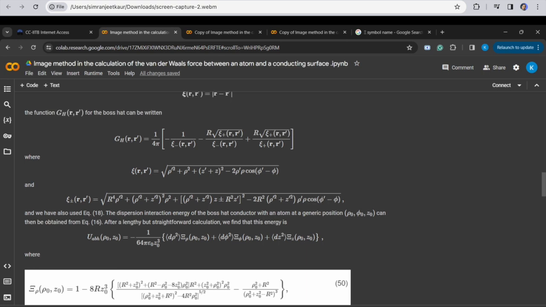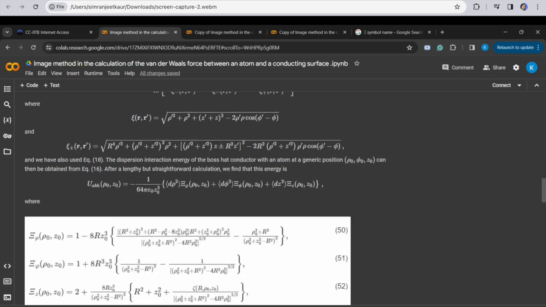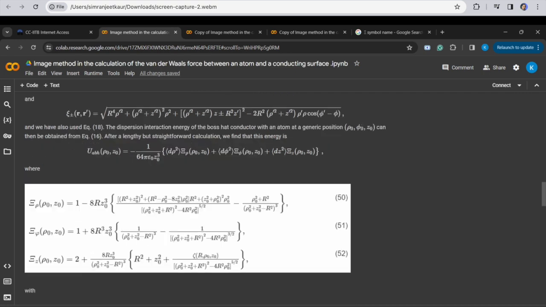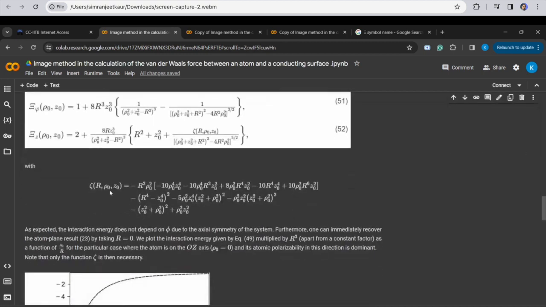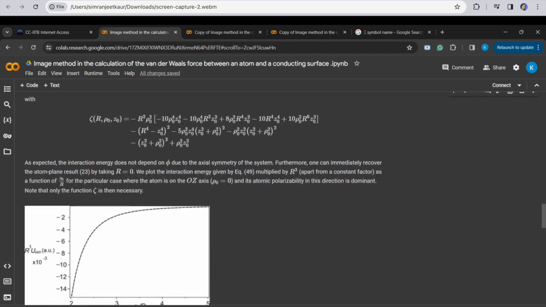After a lengthy but straightforward calculation, we define the energy like this, where capital psi rho, psi phi and psi z become like this, and zeta of rho naught and z naught is equal to this. So as expected, the interaction energy does not depend on phi due to the axial symmetry of the system. Furthermore, one can immediately recover the atom plane result 23 by taking R equals 0.